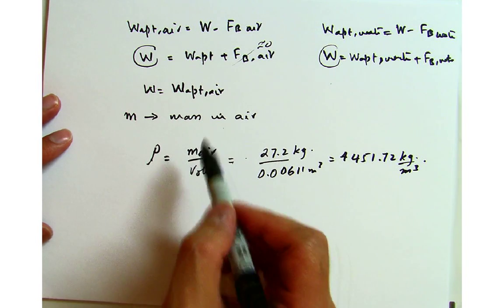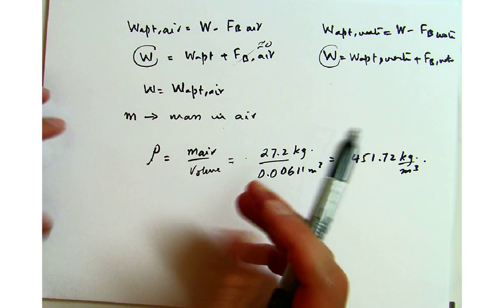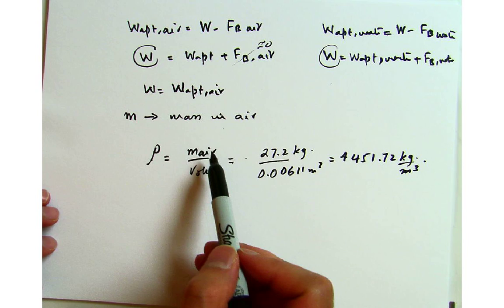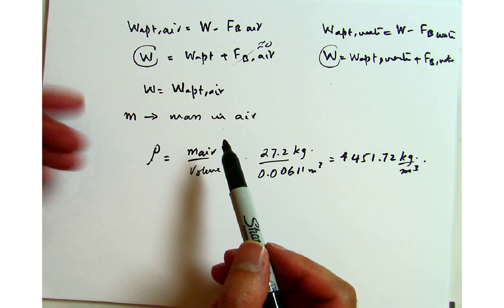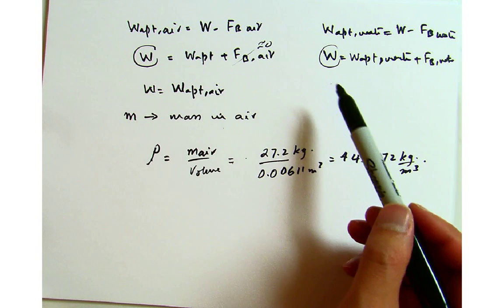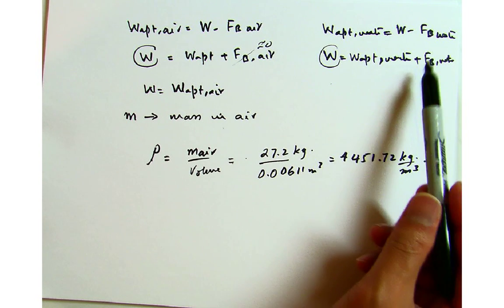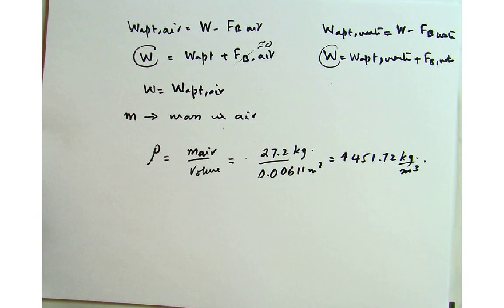So it is the mass of the actual object, and I'm saying that because the air does not really affect the apparent weight that much, so I'm just making those equal. But if you're taking the mass in the water, then you have to include that buoyancy force.